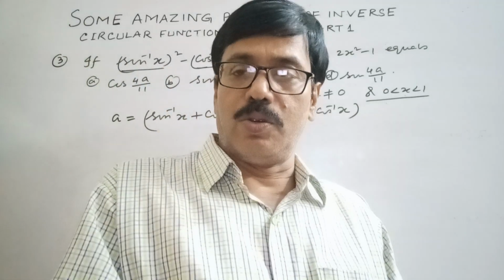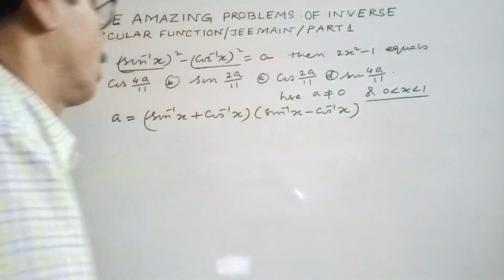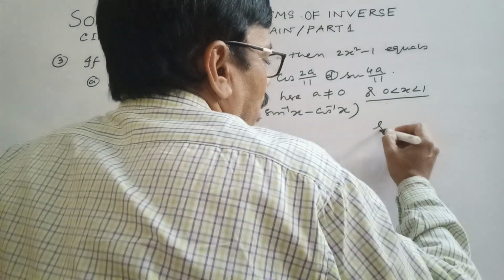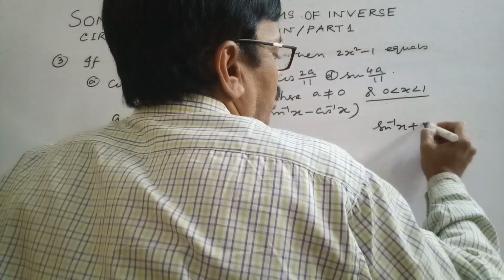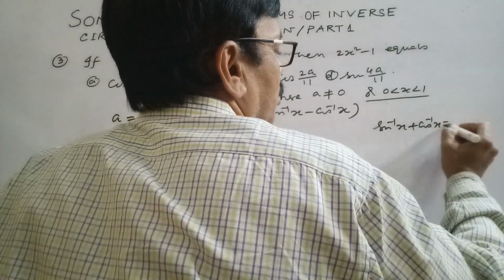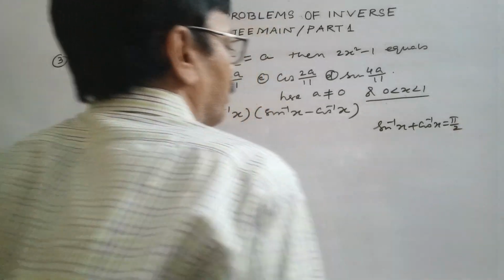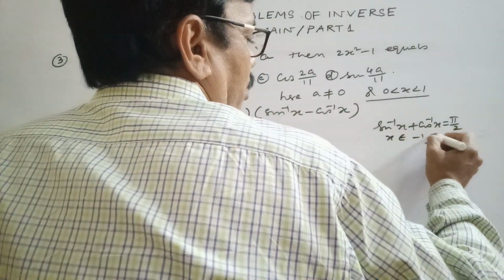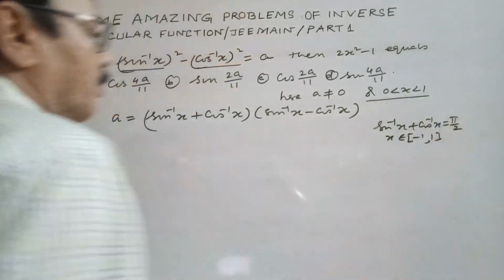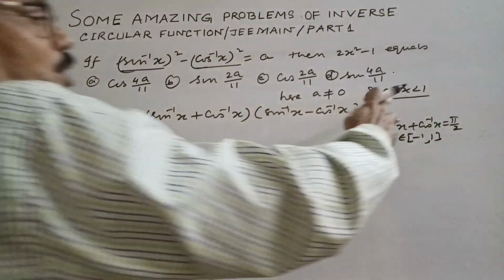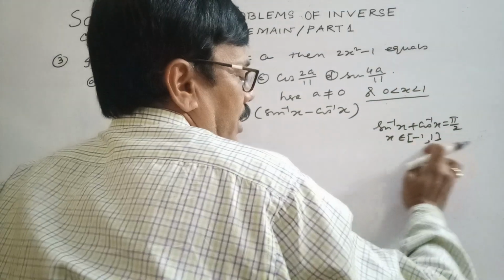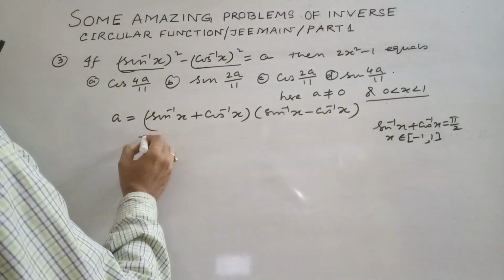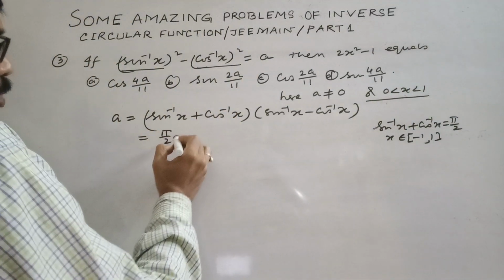So you must know the basic concept. Look, sin inverse x plus cos inverse x equals pi by 2, when x belongs to minus 1 to plus 1. So that is in this restriction, we can put it as pi by 2.